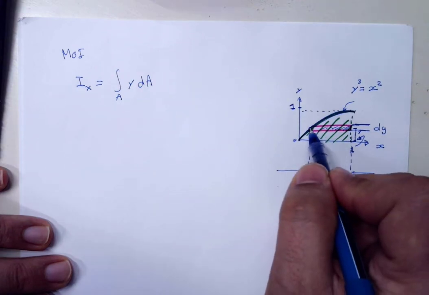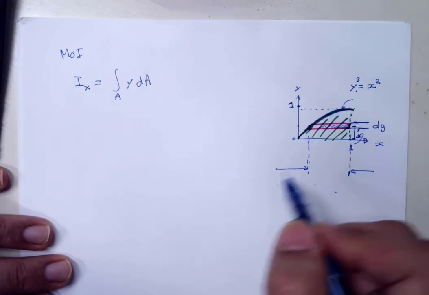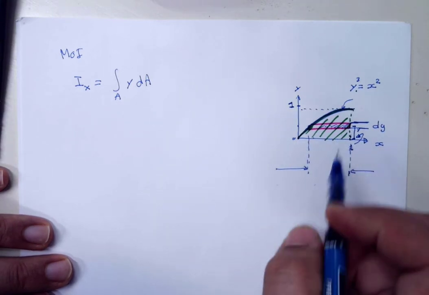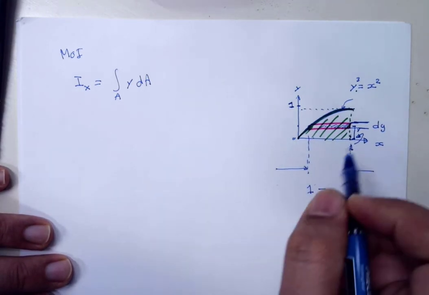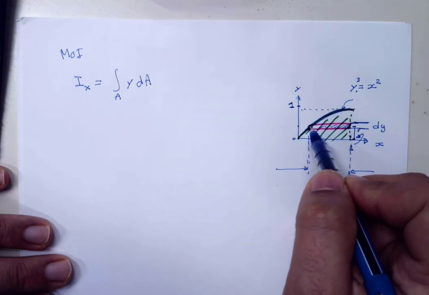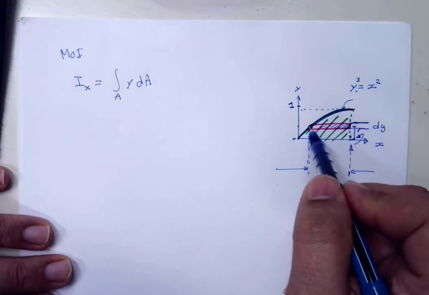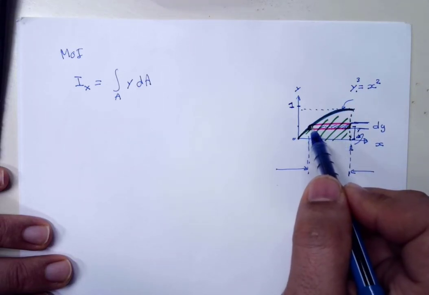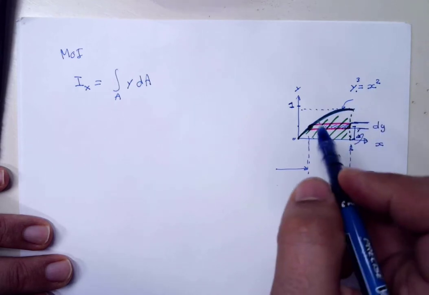We know the distance from here to here is 1, so the width is the difference: 1 minus the value of x at this point.